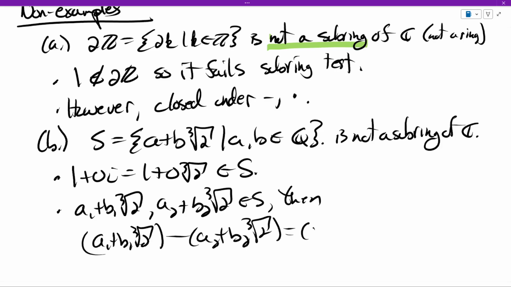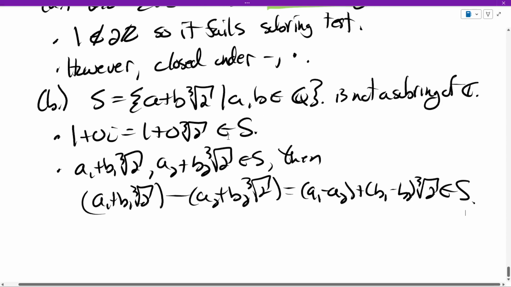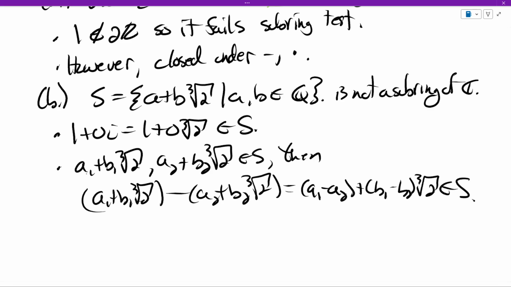So we have a1 minus a2 plus (b1 minus b2) cube root 2. And that's certainly in S, because the difference of rational numbers remains rational, so that's fine. So it's closed under subtraction. It's also closed under addition and additive inverses, which follows from it having 1 and this property.